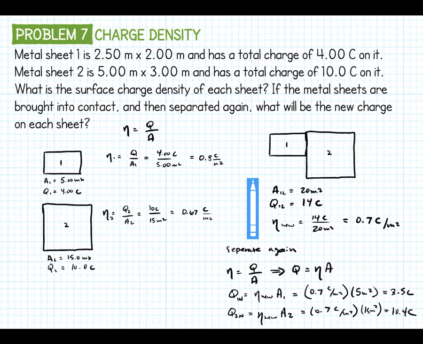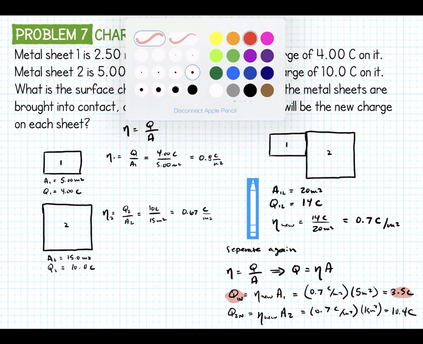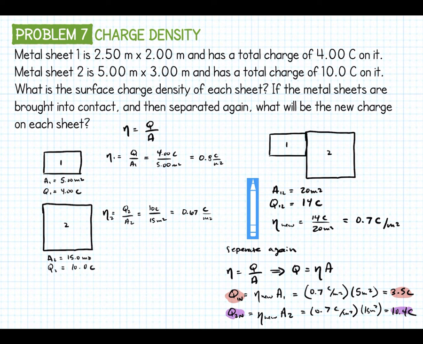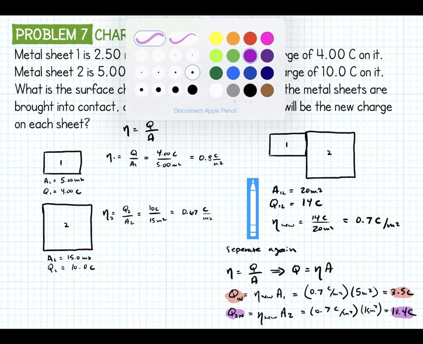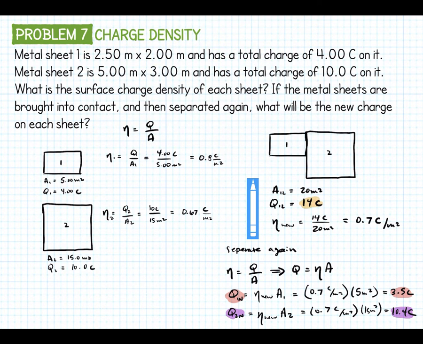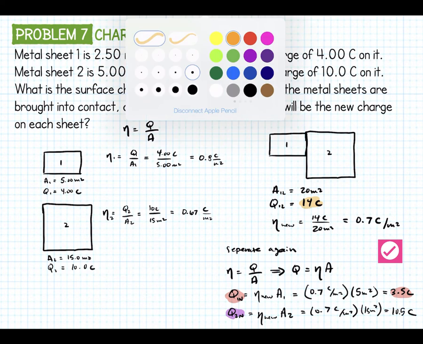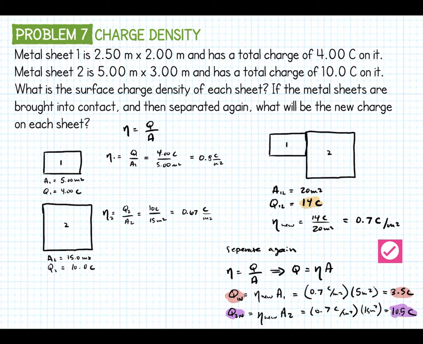So here's our Q1 nu, here's our Q2 nu, and just to check, these still have to add up to the same amount of charge because you can't just lose charge. And so before we had 14 coulombs of charge, and 3.5 plus 10.5, you should still get 14. So that's a good check.